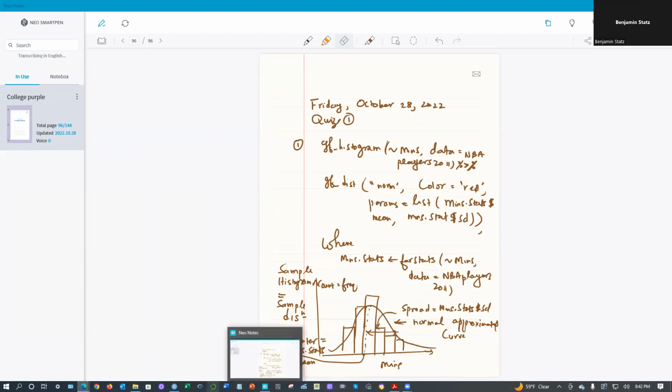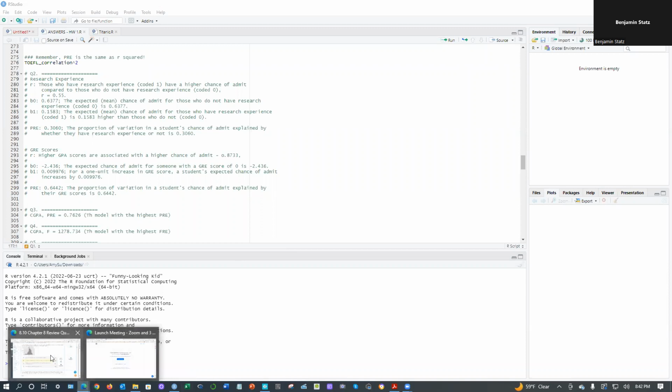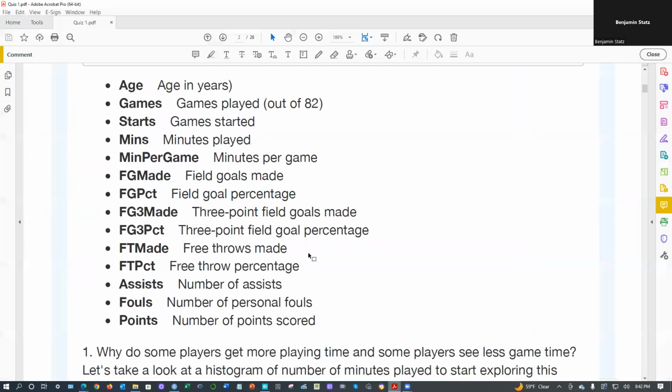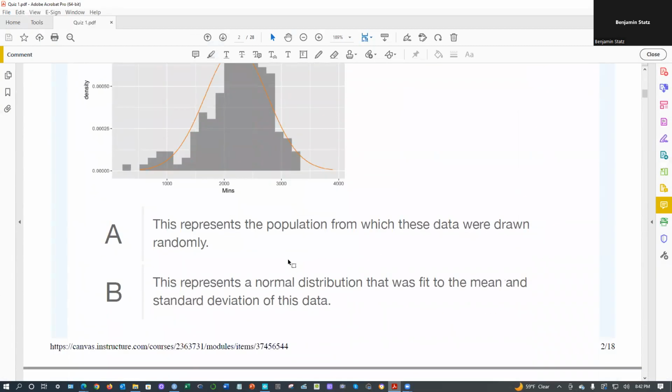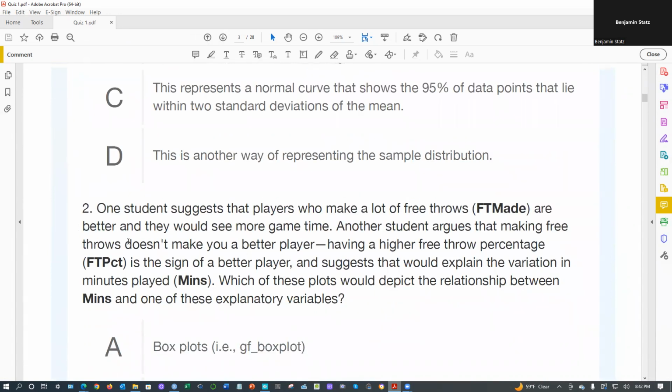In that sense, the answer should be that this represents the normal distribution that fits the mean and the standard deviation of this data. That's B.